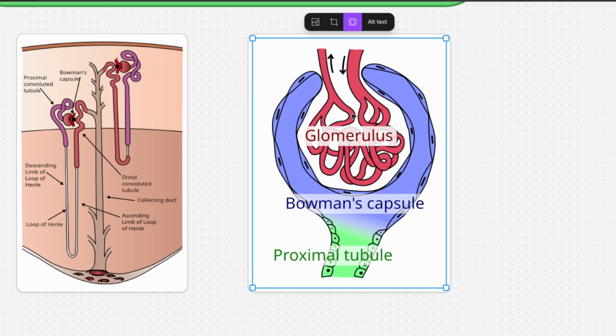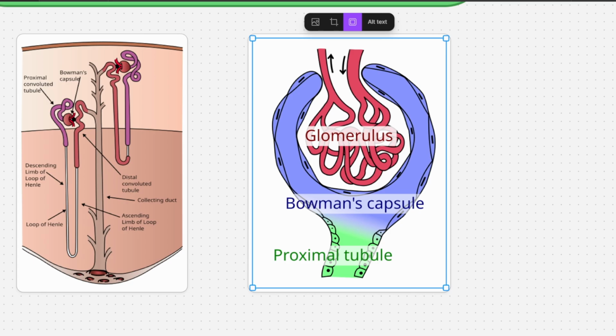Well, the benefit of having this division is that we have way more surface area by having not just one capillary or two capillaries. By having a lot of capillaries right here, we have a lot of surface area, which is crucial for filtration, because filtration happens through the membranes of these capillaries. And when we have more membranes, we can do more filtration.